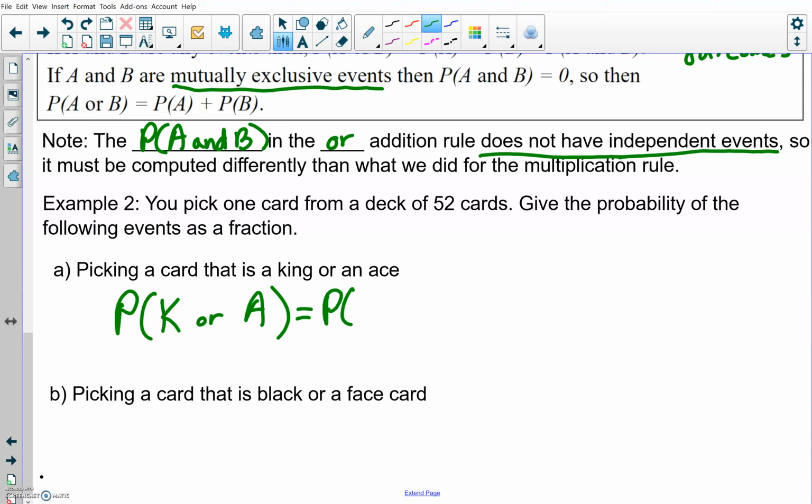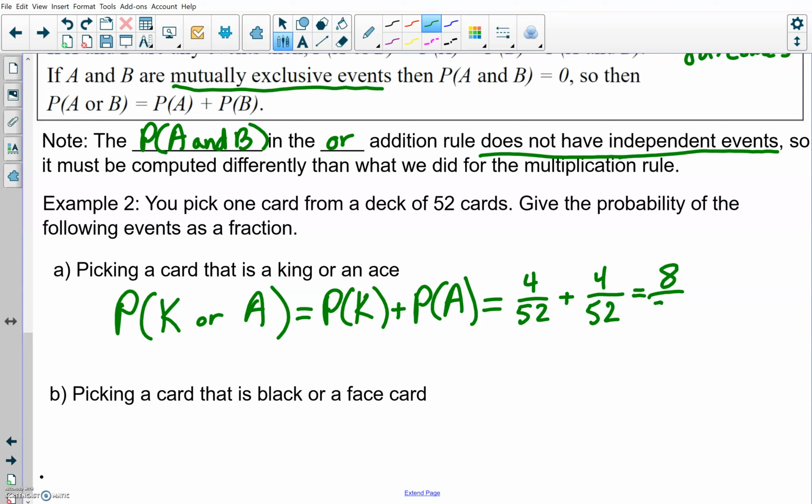So we only need to add the two probabilities together because they are mutually exclusive, and not worry about subtracting. There were 4 kings out of a deck of 52, probability 4 over 52, same thing for the ace, and you get 8 out of 52, or reduced, 2 over 13 in fraction form for that probability.